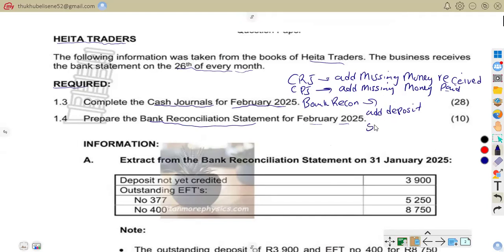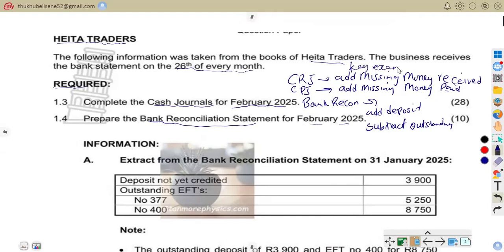Also, we are going to subtract outstanding electronic funds transfers. Meaning we are going to add those missing payments. So these are our key exam logic.